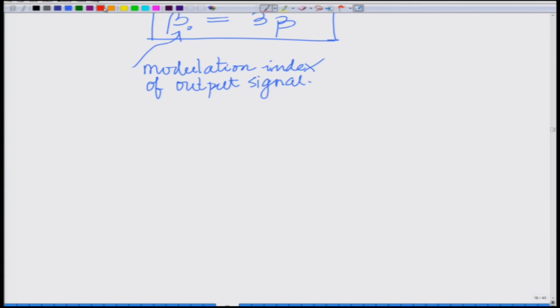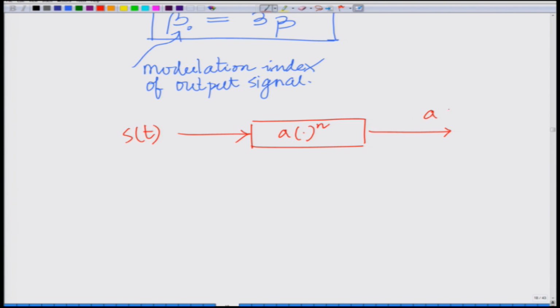Similarly, we can consider other nonlinear devices of the form signal raised to the power of n, and that results in an output frequency component at n Fc. So, to multiply by a factor of n, in general I can consider a nonlinear device which raises the signal to the power of n.